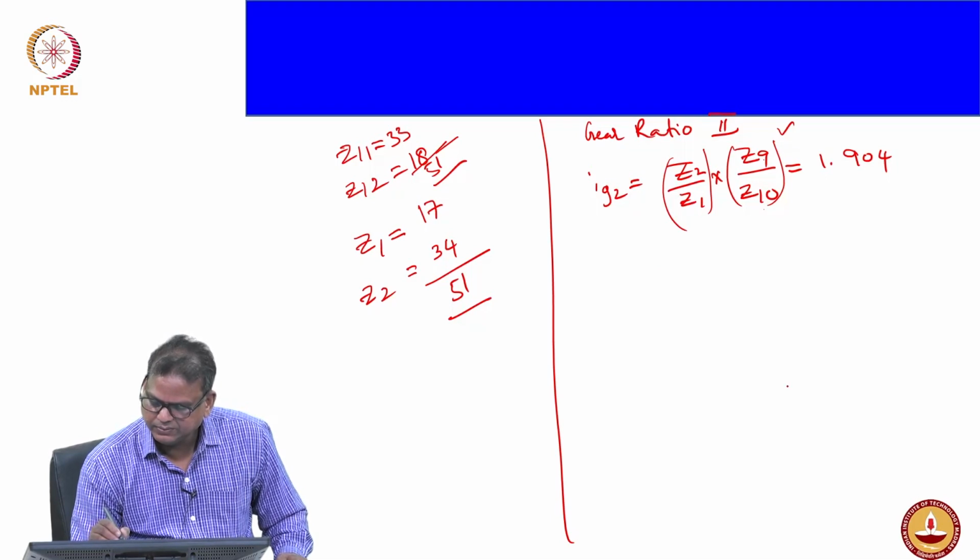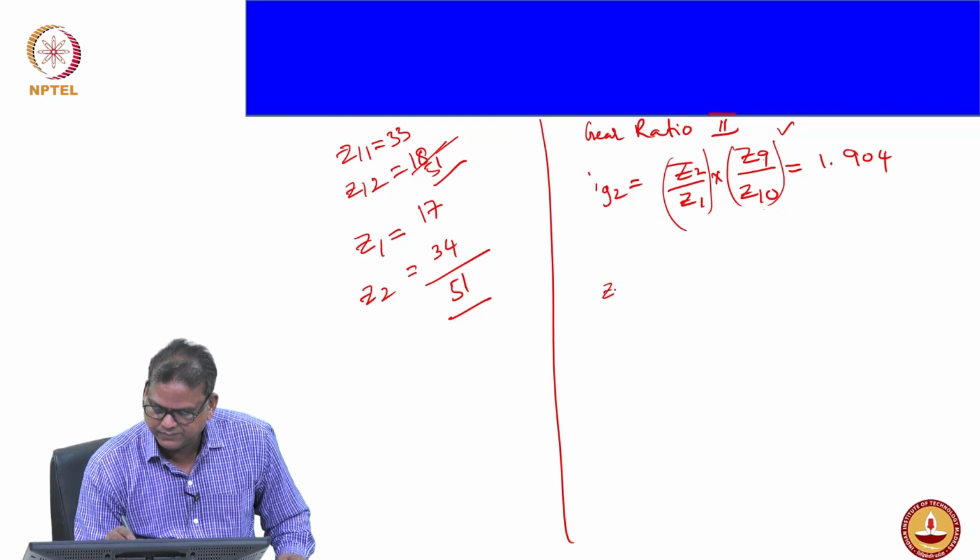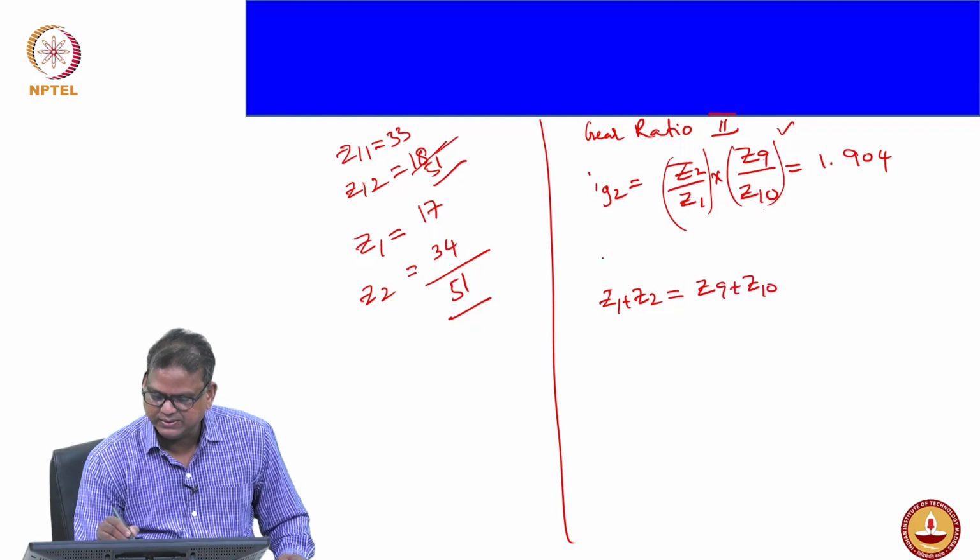Same way, Z1 plus Z2 equals Z9 plus Z10, using the center distance equation.